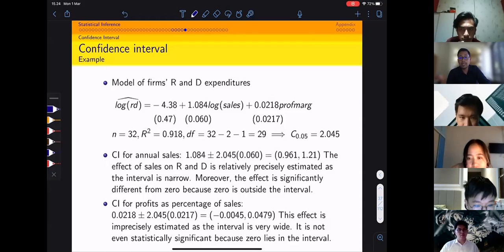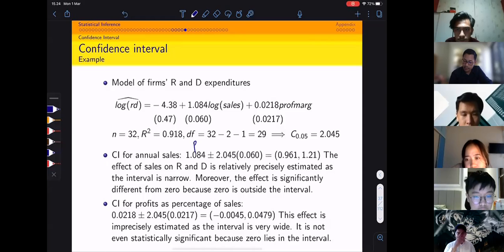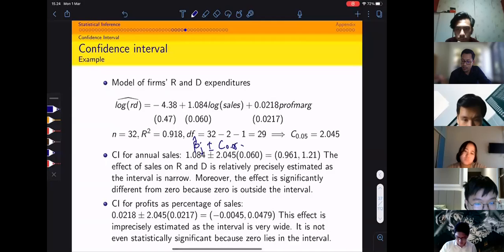Let's start with the annual sales. What is the estimated confidence interval for the annual sales? Basically, it's the estimated beta hat j plus or minus the critical value at the 5% level, multiplied by the standard error.